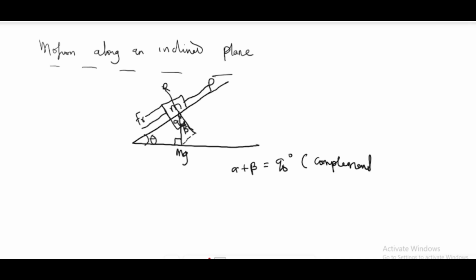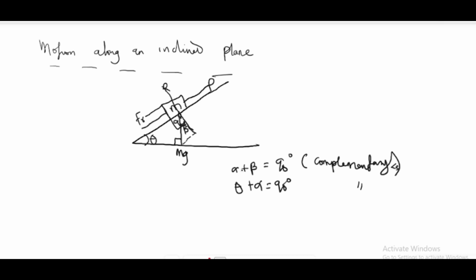Good. Now, if you also look at this, you have a right angle triangle. This is 90. So theta plus alpha is also 90 degrees. Of course, the sum of interior angles of a triangle is 180. So if this is 90, these two will sum up to give you the remaining 90. The same reason, complementary angles. Good.